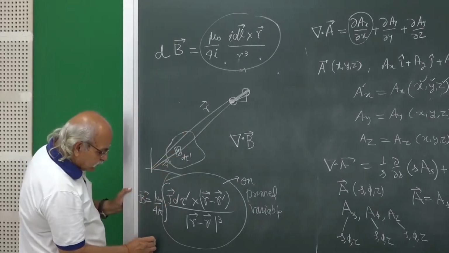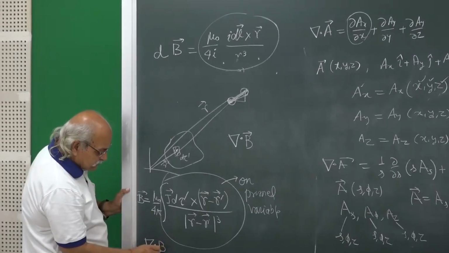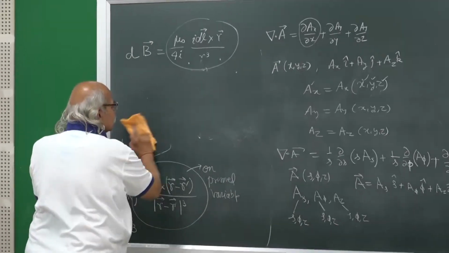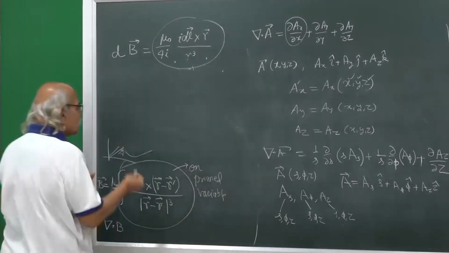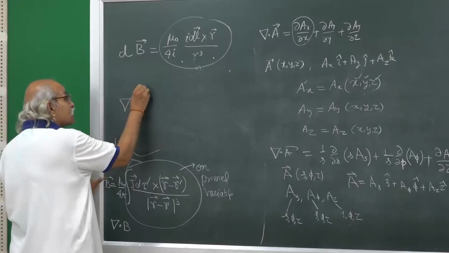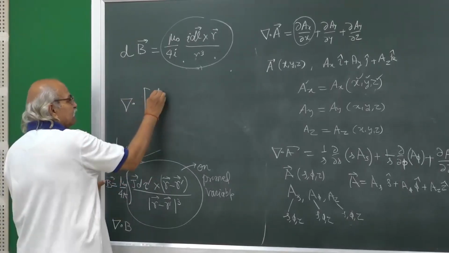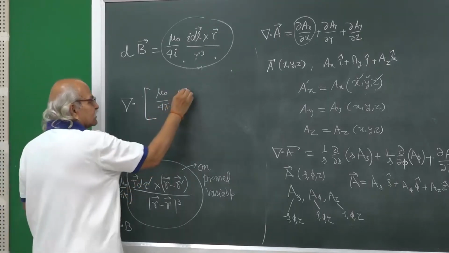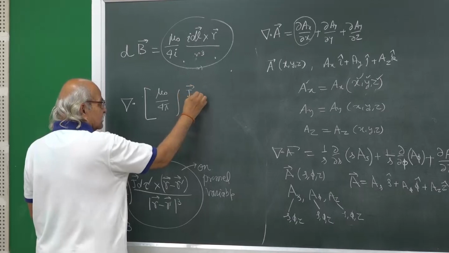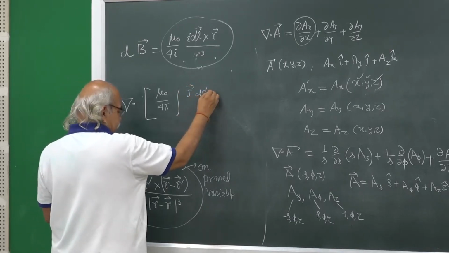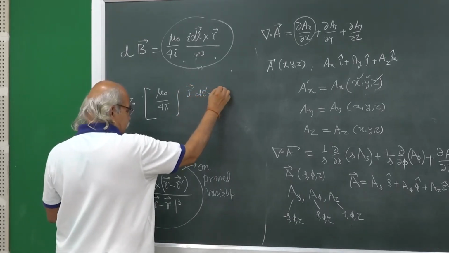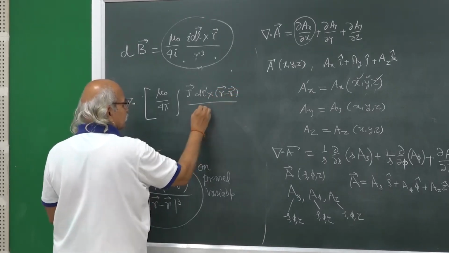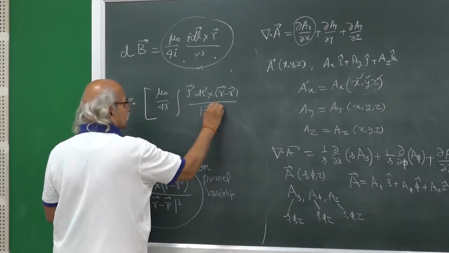But when I am talking of divergence of B, let me write once again that expression. It is divergence of what? B. What is B? B is mu naught over 4 pi and then integration, and then J d tau prime cross r minus r prime divided by mod r minus r prime cubed.